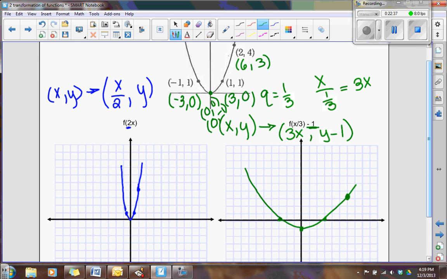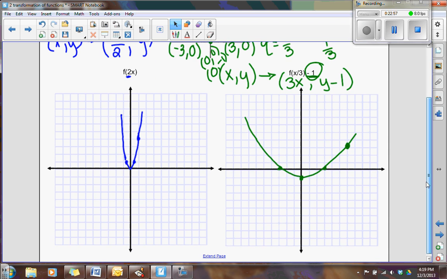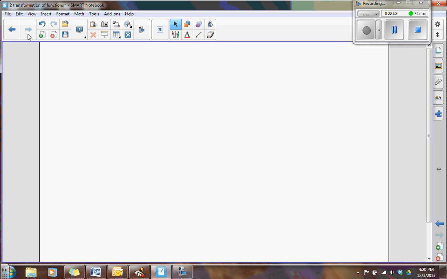Okay, so something like this. So you can see our function has been stretched horizontally. It's grown further from the y-axis, and it's moved down 1 because k is -1. Okay, so that's a horizontal stretch compared to a horizontal shrink in that previous example. Yeah, and that's it. Thank you.